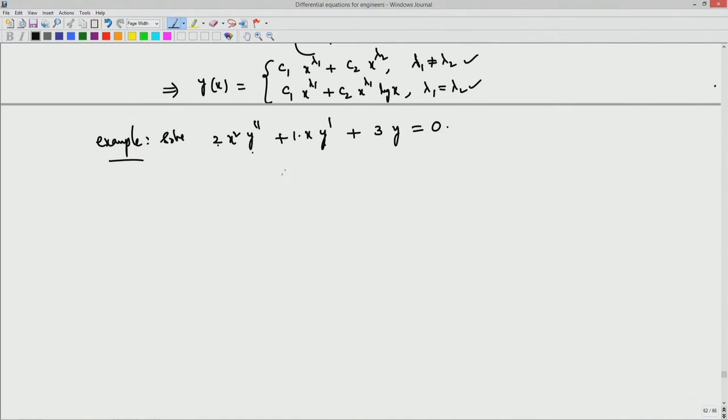We can write x y dash as dy by dz, and x square y double dash as d square y by dz square minus dy by dz, where z is log x, say for x positive. If x is negative you have to work with log minus x, and the same thing is true there.